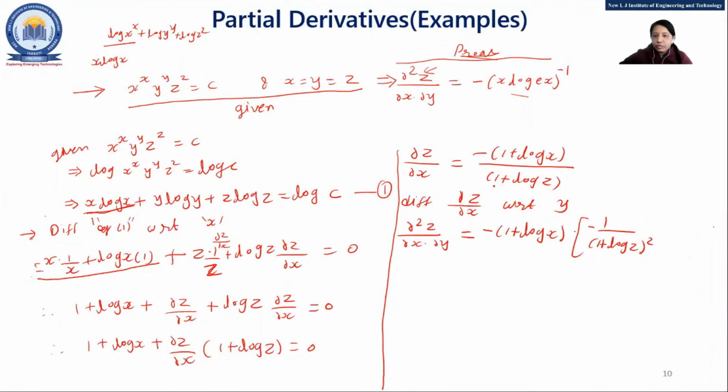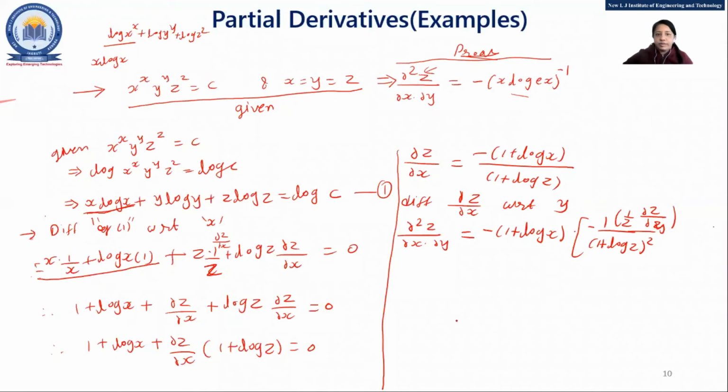Again 1 plus log z is there: for 1 it is 0, so no need to write; for log z it is 1 by z into del z by del y, because we are differentiating with respect to y.